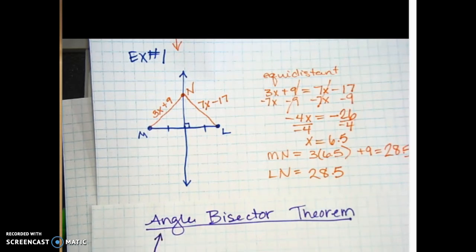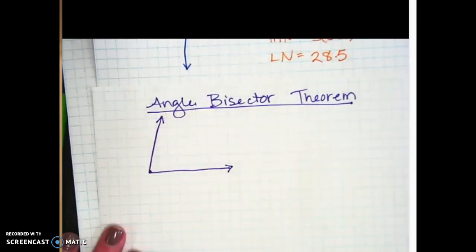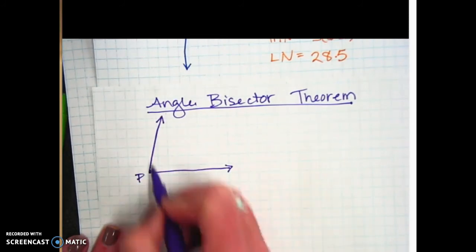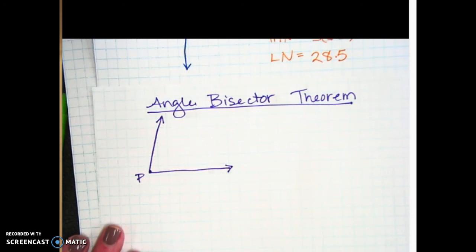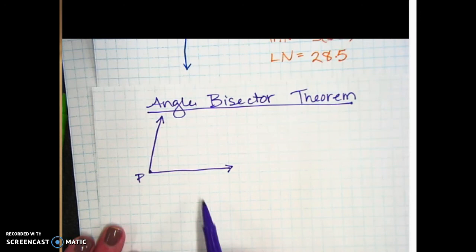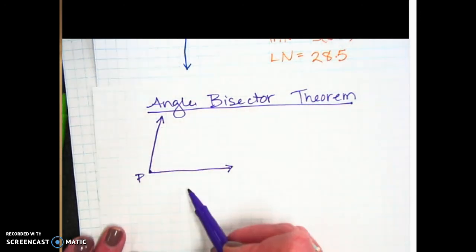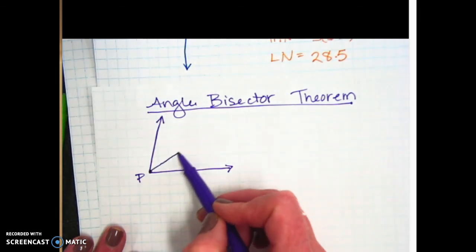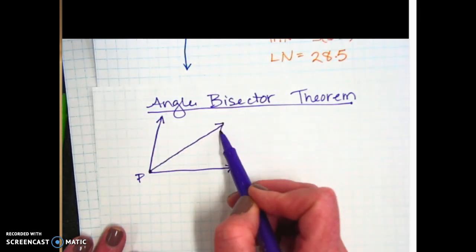Since it's called the angle bisector theorem, we're going to start by drawing an angle. We'll make the vertex P as in Paul. We're going to pretend like we're using our safety-based compass, and we make an arc, and then we make 2 arcs further out, and we end up with this beautiful angle bisector.